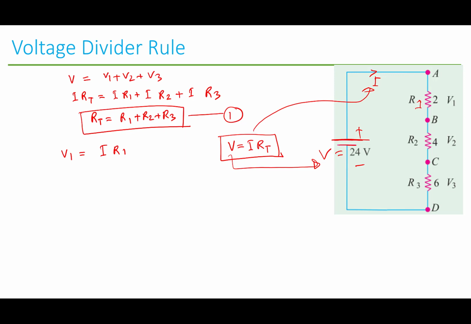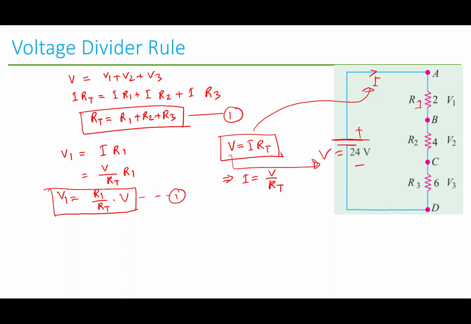Now if we would like to find out V1, we can replace this I. From here we know that I equals V over RT, so we can say V over RT times R1, or in simplified form, V1 equals R1 by RT times V. This is the voltage across the resistor R1.